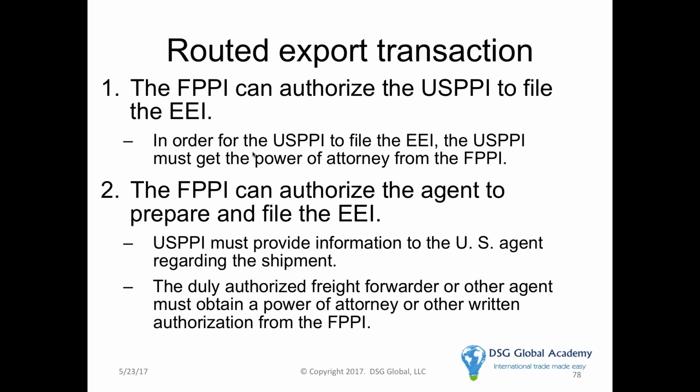But there needs to be some power of attorney and specific authorization from the foreign party before the US company or even the foreign company's US-based agent can file the EEI.